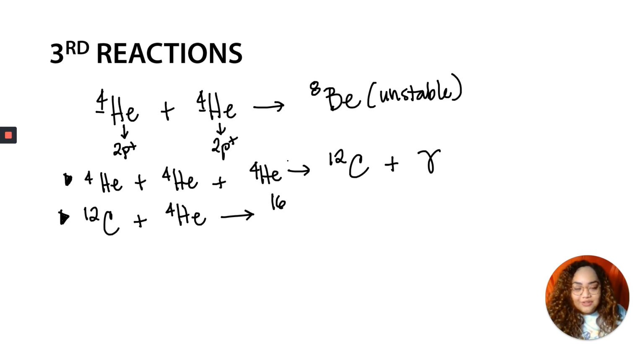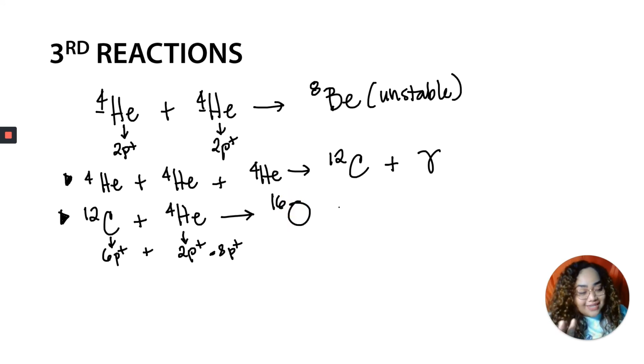Helium, on the other hand, will have 2. So 6 plus 2, you will get 8 protons. So what element has an atomic number of 8? That's correct. That's oxygen. And oxygen, because it has an atomic mass of 16, is stable. So you'll write the gamma rays here.